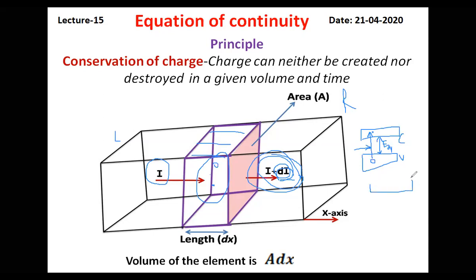Let us see here. This is the conduction band and this is the valence band, and we have seen that due to the generation process we have an electron in the conduction band and a hole in the valence band. We know that the conduction band is the excited band, so that electron cannot stay there forever.